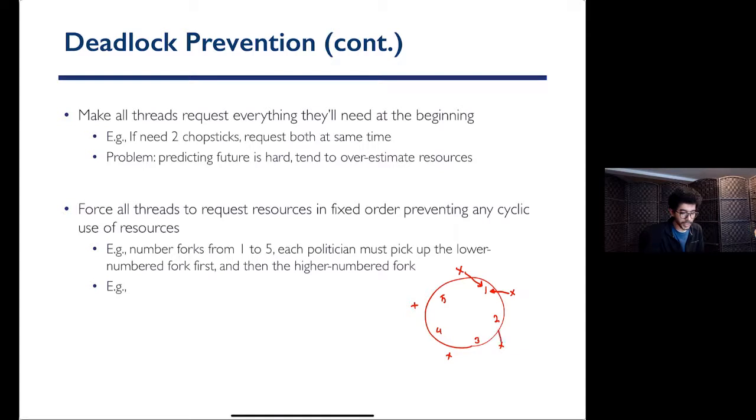Now this guy is going to pick fork number 2, this guy is going to pick fork number 3, this guy is going to pick fork number 5, and now I don't have that cycle of dependencies between them having to wait for each other, right? By doing this, I'm making sure that this guy over here can pick both of these two and finish, and then this guy can pick both of them and finish, and then eventually this guy can pick both of them and finish.